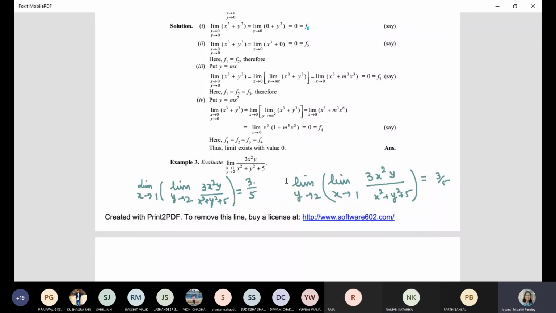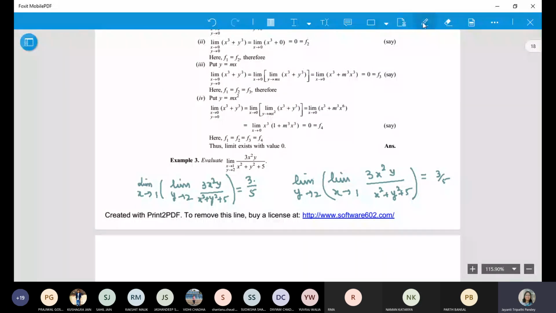Yes, ma'am. And why don't we want to go to step 3? It's very simple. Just one small step I want you to understand. Suppose you have to reach 2, 3. You took x first, then you come here and then y.